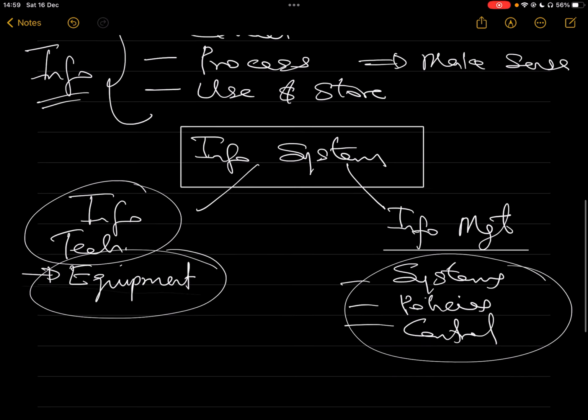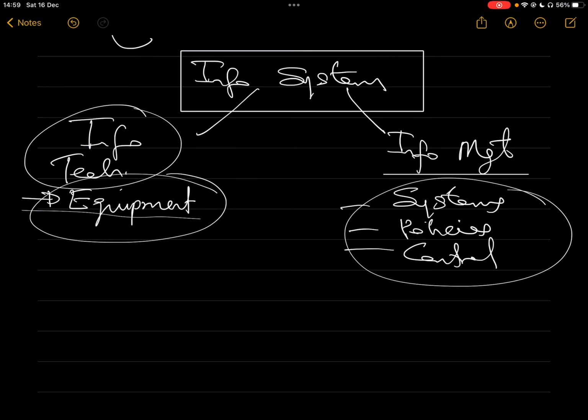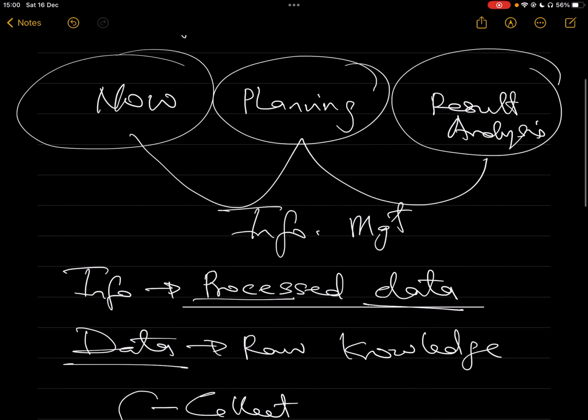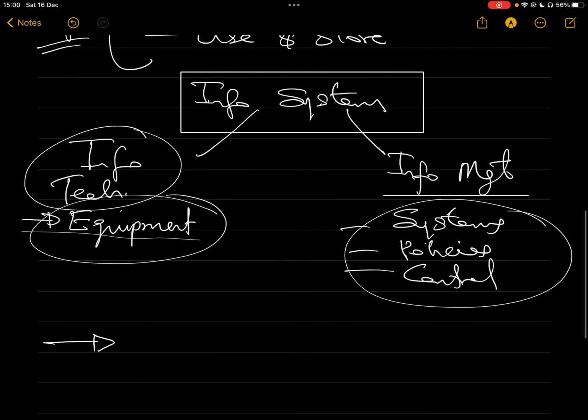But remember, I always ask you this question. Do you know why what you are learning is important? So why are we talking about information systems? Why is it important? I've mentioned the first reason why it is very important. The first reason is because everything you do now, planning and result analysis, requires information.